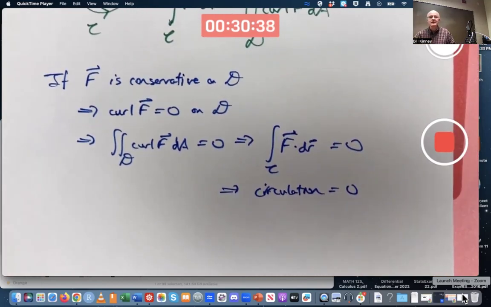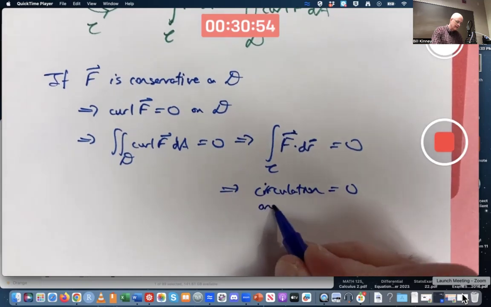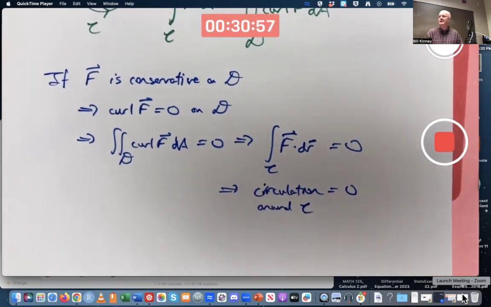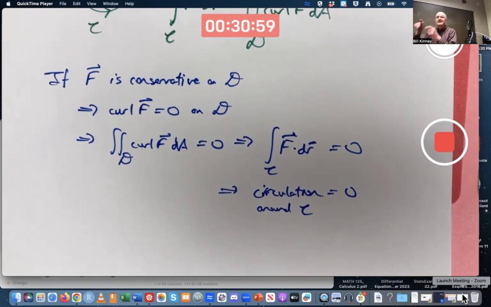In fact, if F is conservative on the entire plane, then it's conservative on any domain D, and the scalar curl is 0 on any domain D, and the circulation around any closed curve is 0. It doesn't mean the circulation along a piece of a closed curve is 0. But when you come back to where you start, you got to get 0.